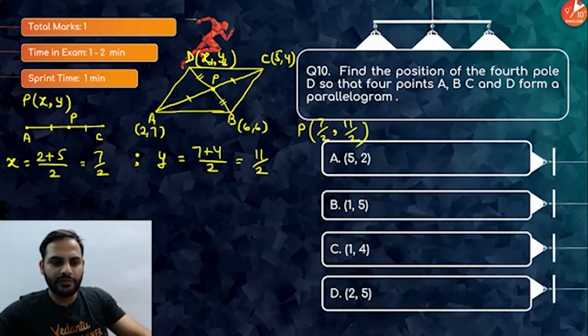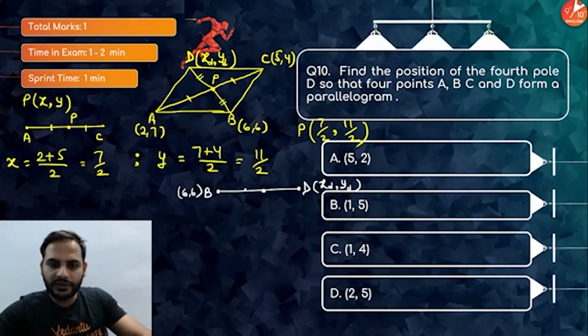Now let's talk about the diagonal BD. D we need to find out. Coordinates we have taken as xd comma yd. B is 6 comma 6. And now we know the coordinates of the point P as well. So the x coordinate of P, 7 by 2, is equal to (6 plus xd) by 2.